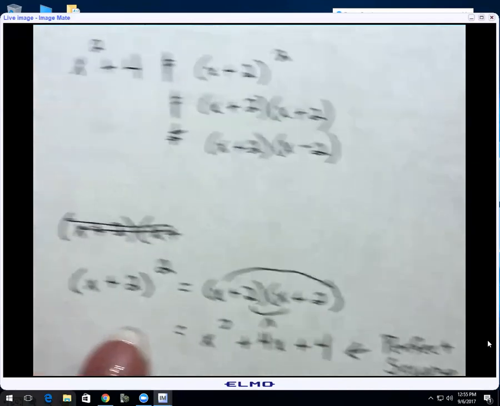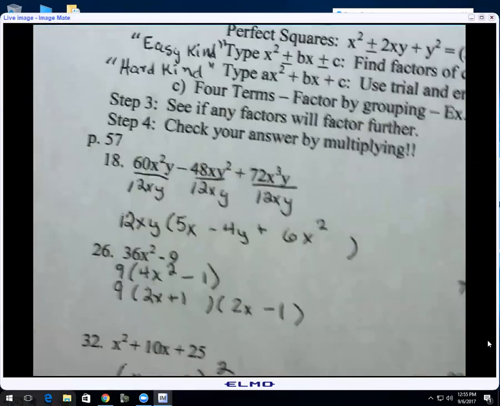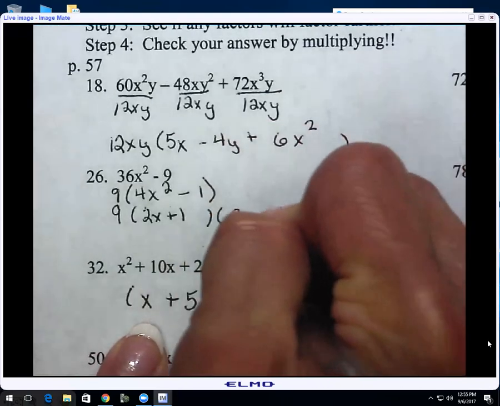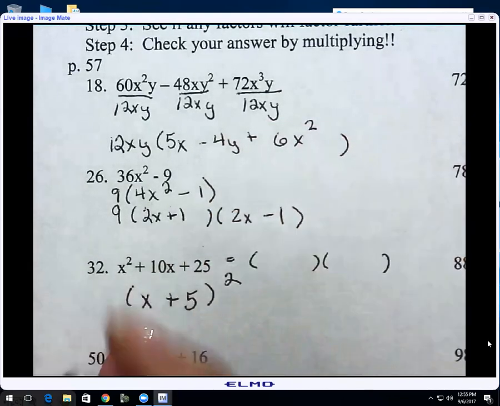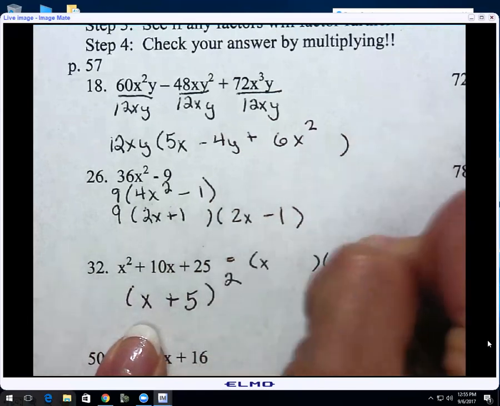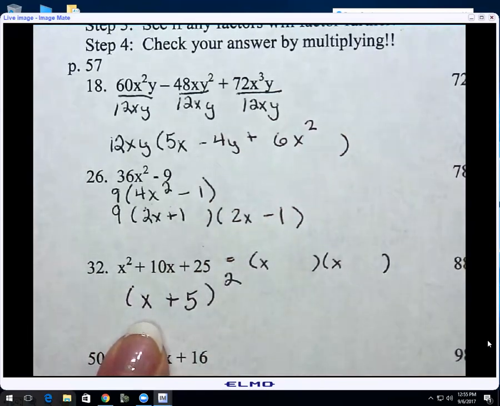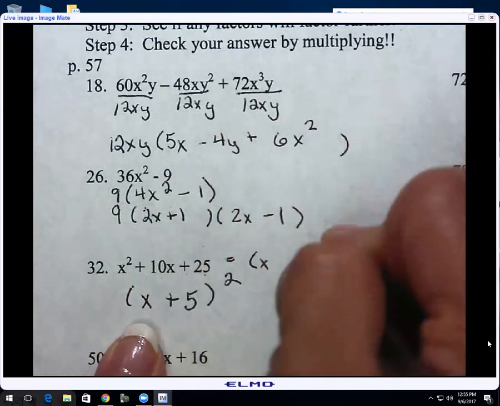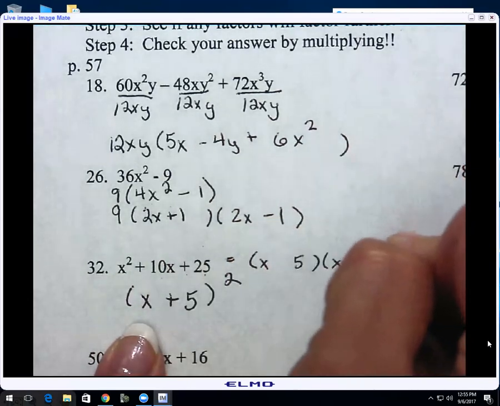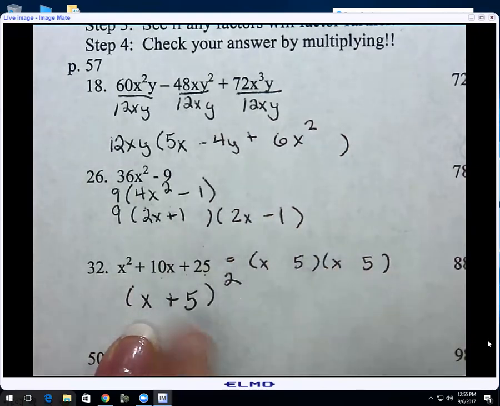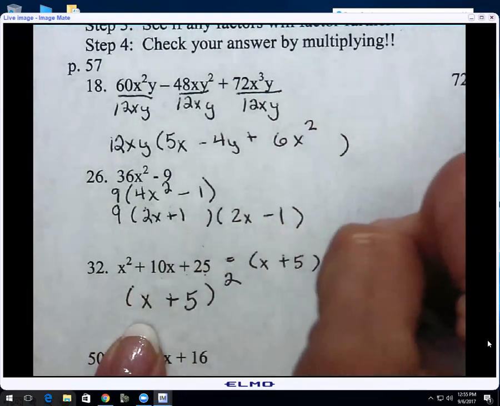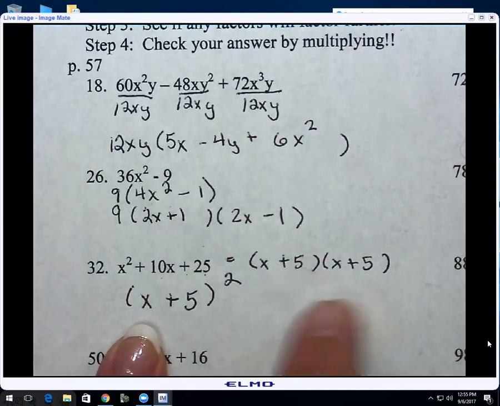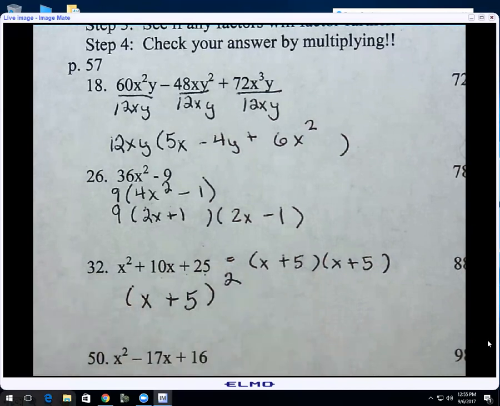X squared pretty much has to be x times x. And factors of 25 that have a sum of 10 are 5 and 5. And to get a positive 10, both of those 5s would have to be positive. Whether you wrote your answer this way or this way, doesn't matter to me.